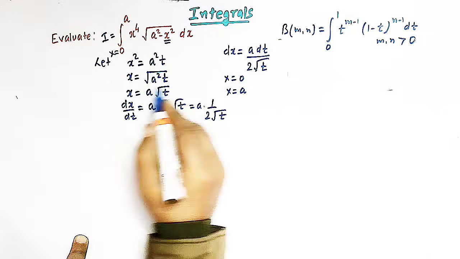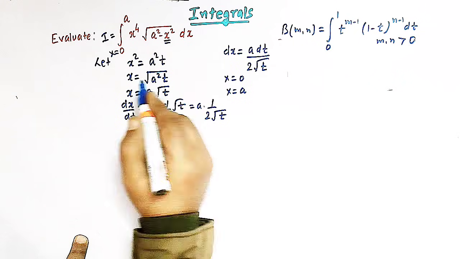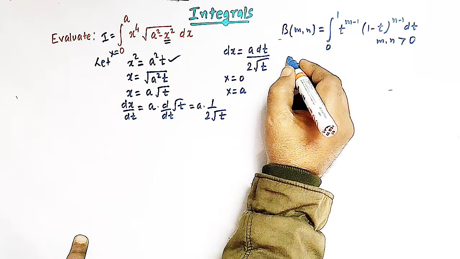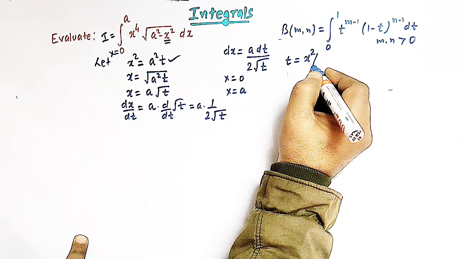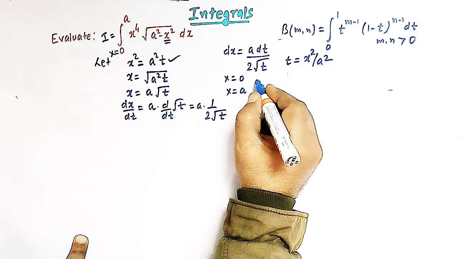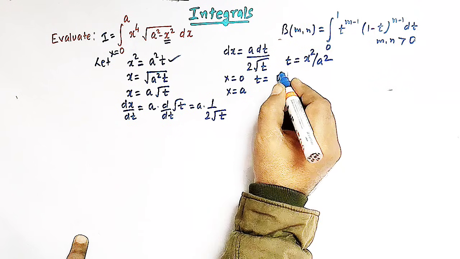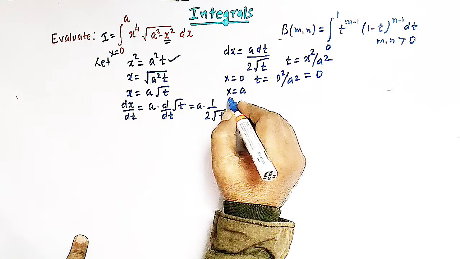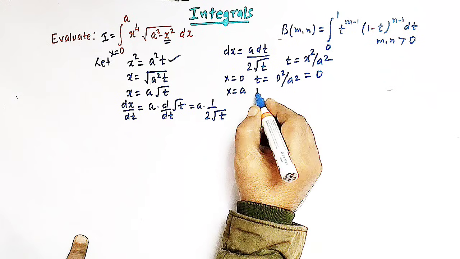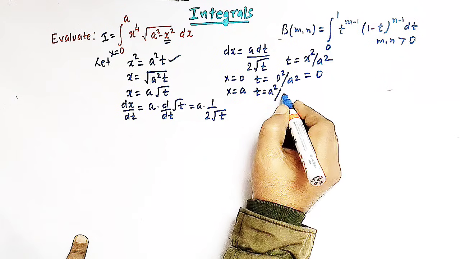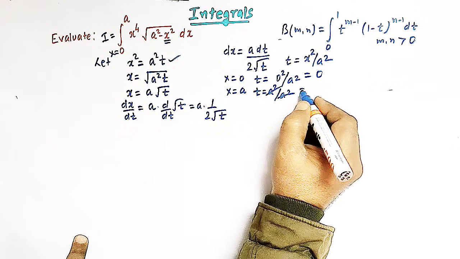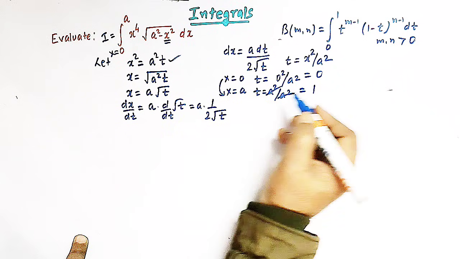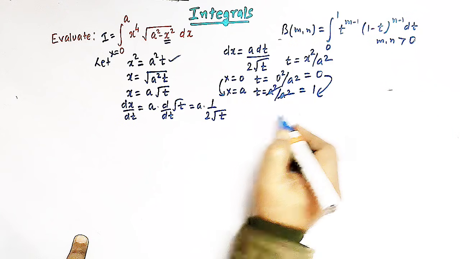When x is equal to 0, we can find the value of t from this expression: t is x square over a square. So when x is 0, t is 0 square over a square, that is simply 0. And when x is a, t is a square over a square, which is equal to 1. So when x varies from 0 to a, t varies from 0 to 1.